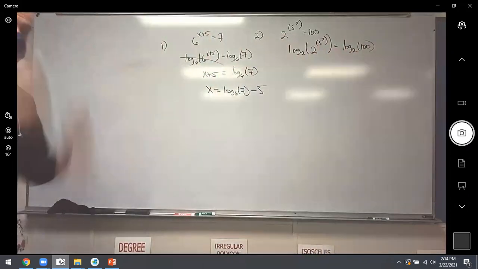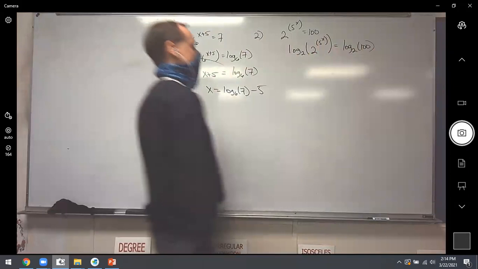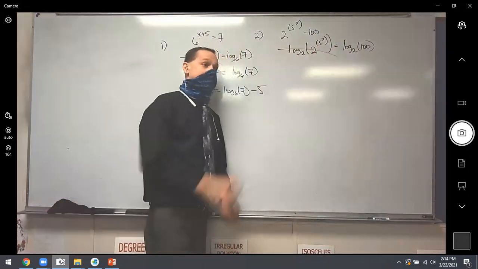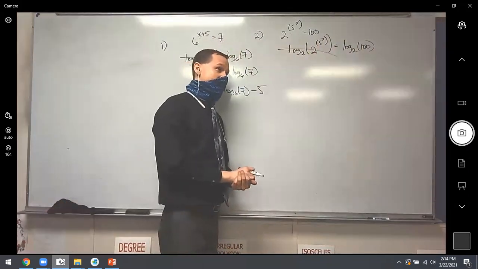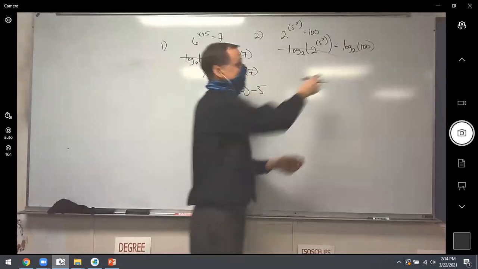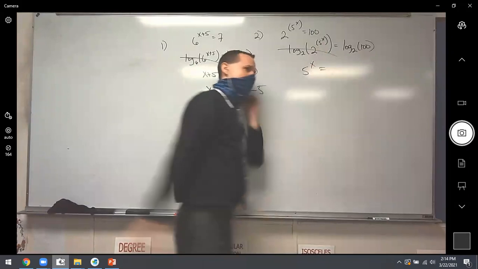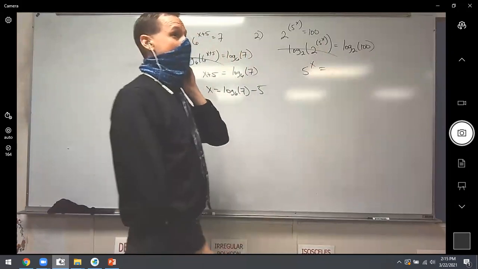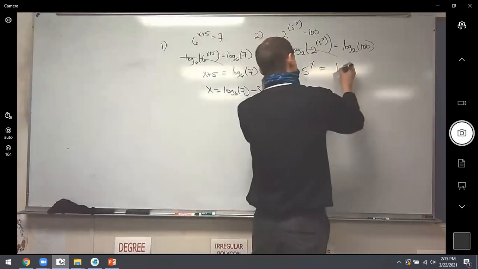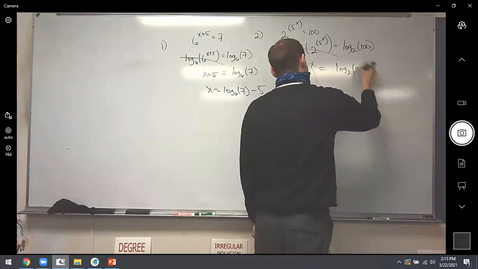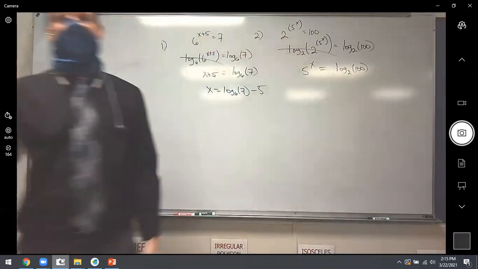And at least now, this log base 2 and this base 2 cancel out. And what's left is what was in the exponent, which is another exponential. This was 5 to the x up here. So I still have 5 to the x left over. We got rid of one of the exponentials, but now we got this other one. But that's okay. We'll just get rid of this one.